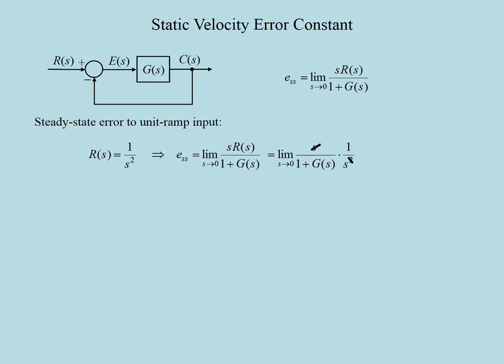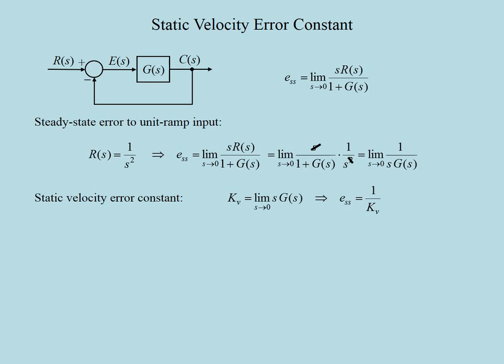Still, there is an extra s in the denominator this time, so e_ss will be 1 over the limit of s times G(s). Let us now define the limit of s times G(s) as Kv, which we are going to call the static velocity error constant. So the steady-state error can be given as 1 over Kv.